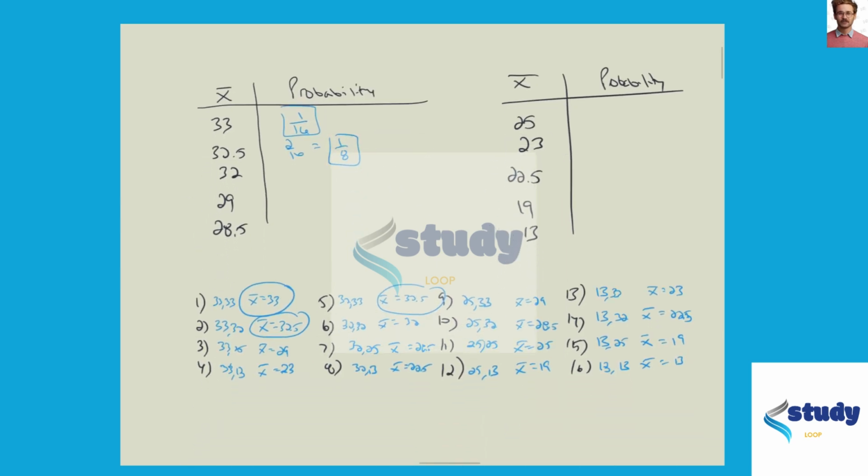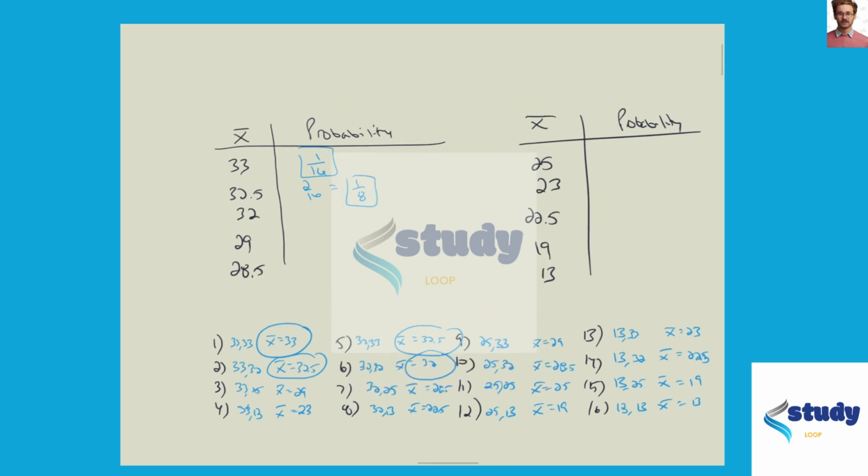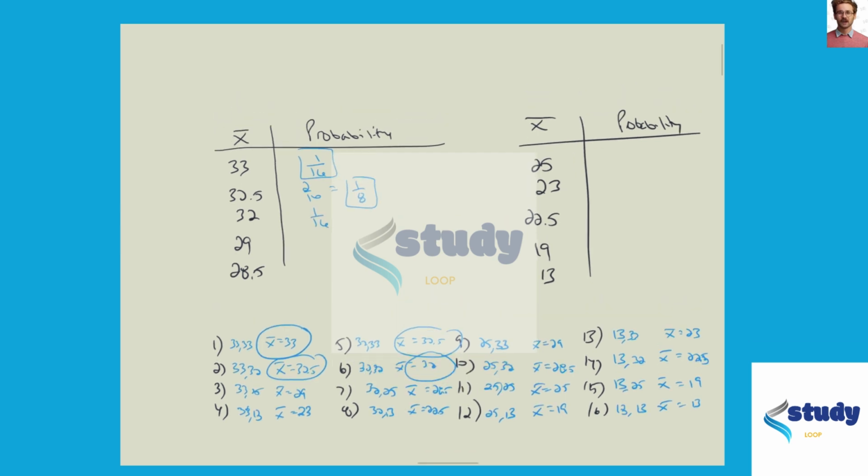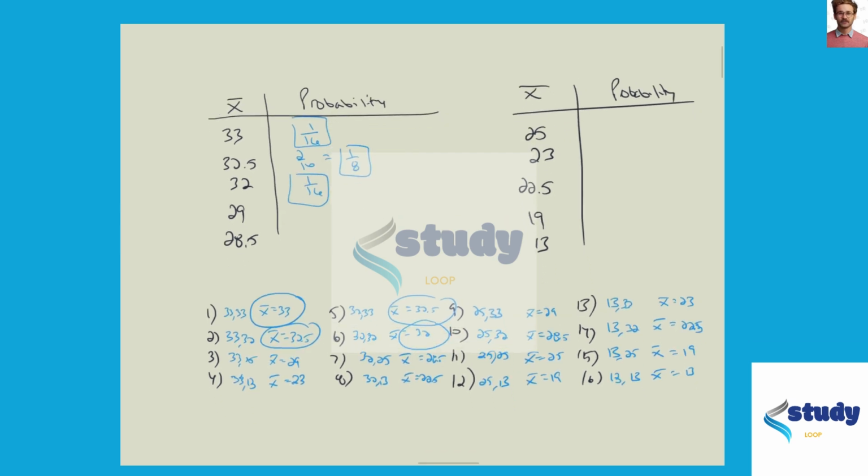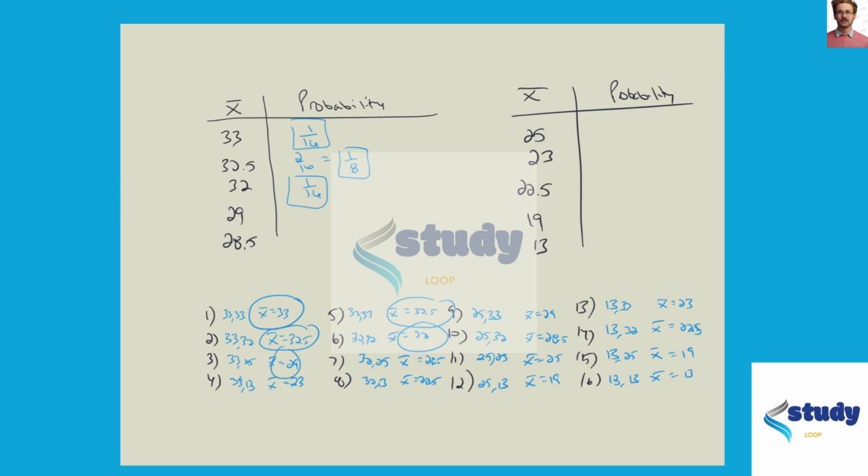A 32 can happen once. A 29 can happen 1, 2 times. So that would be 2 out of 16 or 1 out of 8.